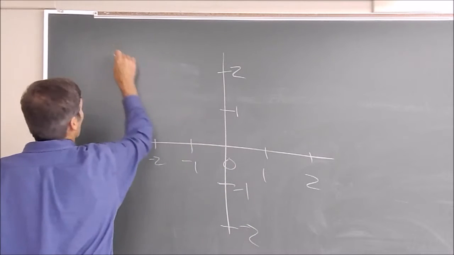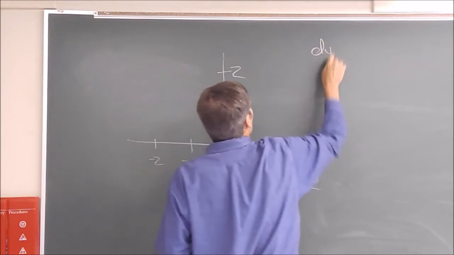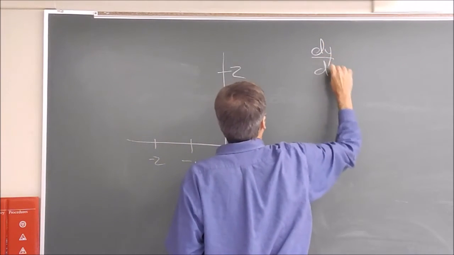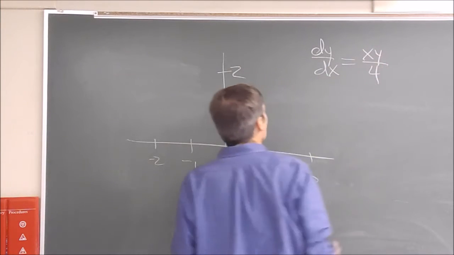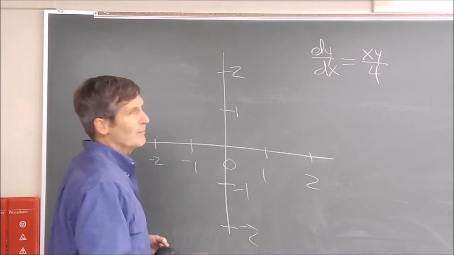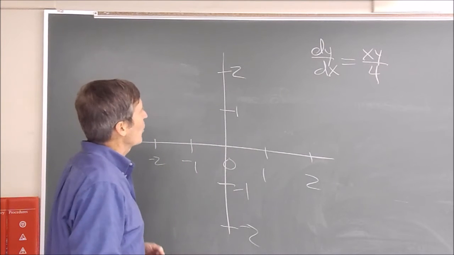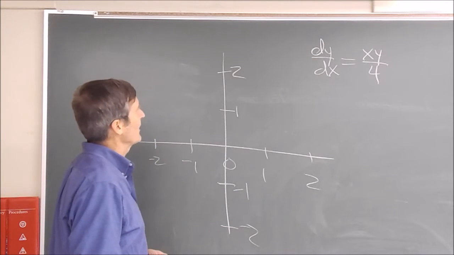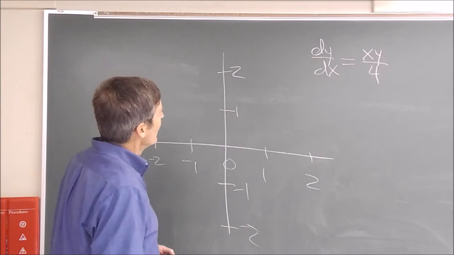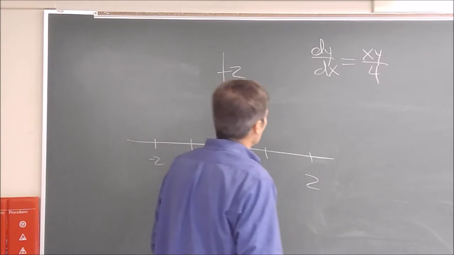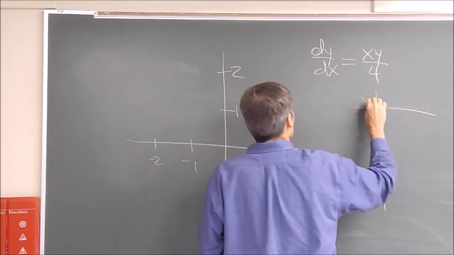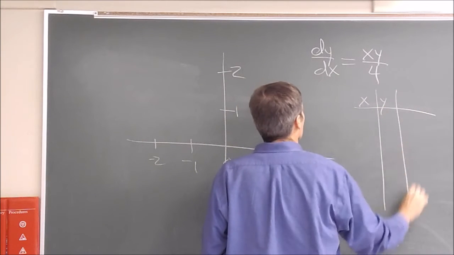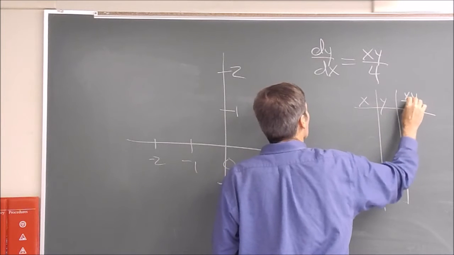And I'm trying to solve dy/dx equals xy over 4. Find some solutions to that by approximate drawing, a qualitative analysis instead of actually finding the solutions. Well, what you do is you go to each of the points, and you can make a table here. Here's x, y, and here's the slope, xy over 4.